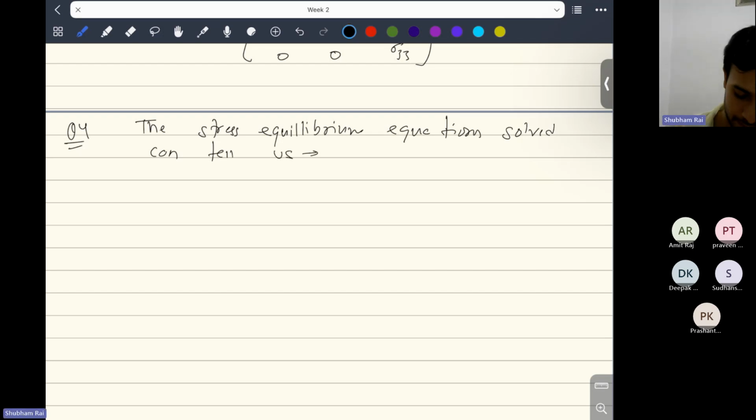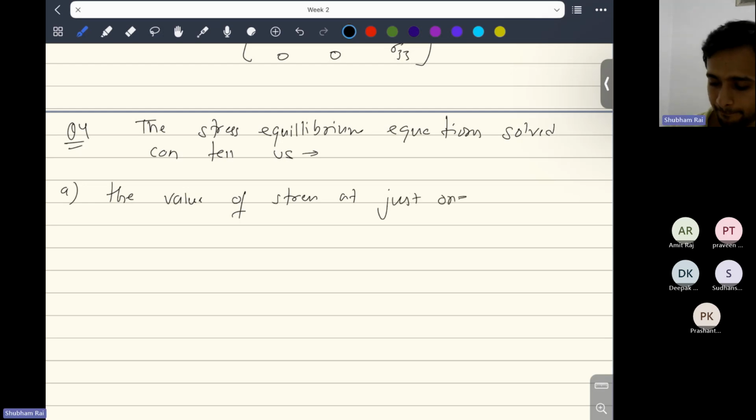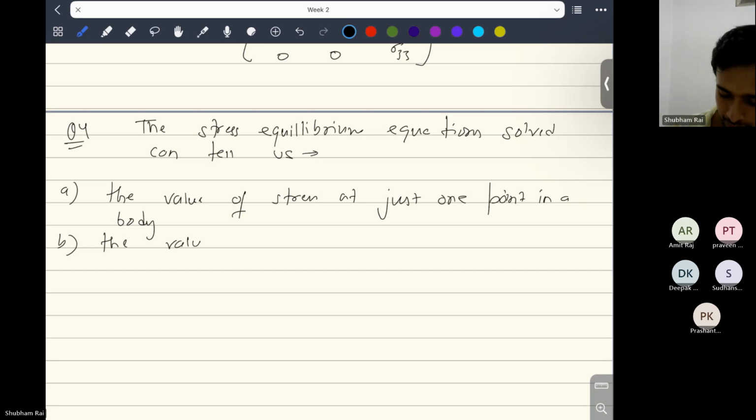Option A is that it can tell us the value of stress at just one point in a body. Option B is the value of traction at just one point.